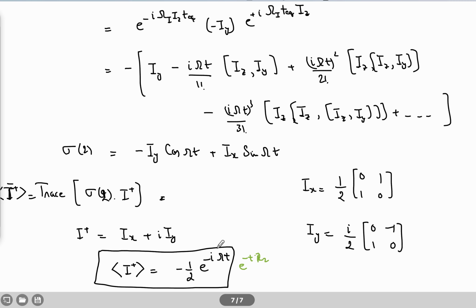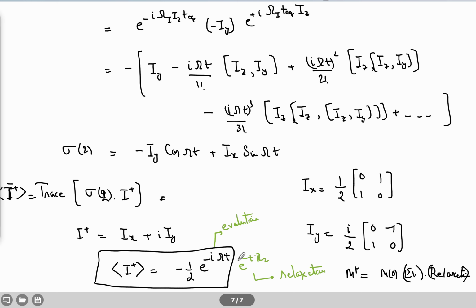So this is nothing but now we have the evolution part, and this is the relaxation part, right? So if you remember the Bloch equation discussion, we had a similar form of the signal, where M plus was given by M0 with the evolution part and the relaxation part, right?